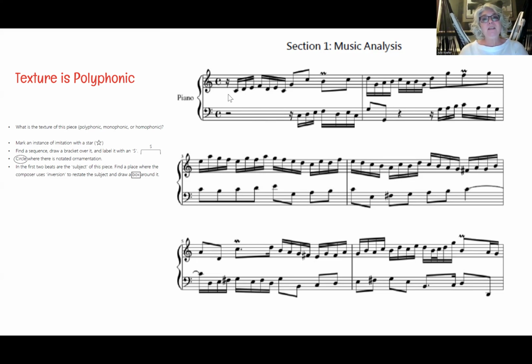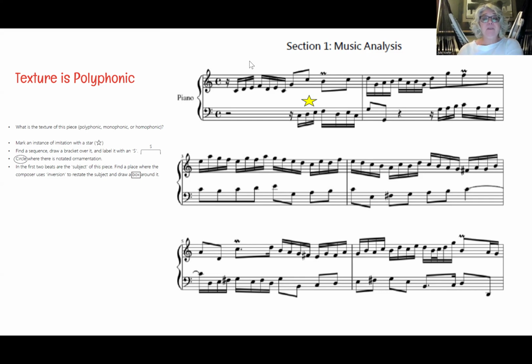If you look here at the beginning, we have 1, 2, 3, 4 notes going up, and then they go down, then up and down. And then if you look here, 1, 2, 3, 4 notes going up, goes down, up, and down. So that would be an imitation. These notes here have imitated the beginning notes.